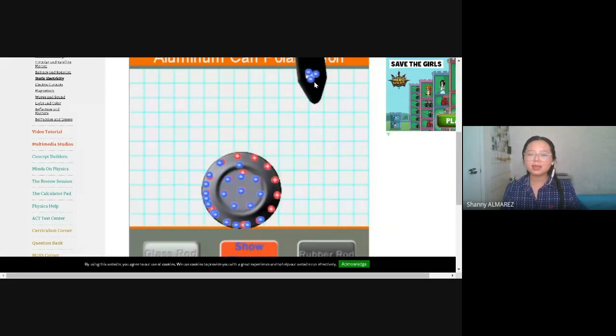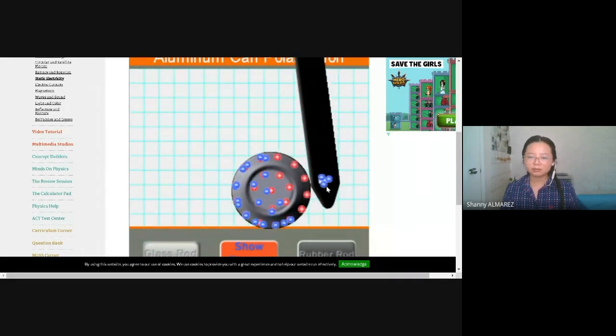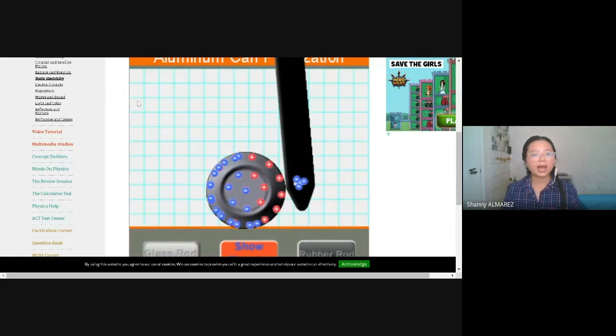So, pag nilapit natin siya sa object, so what happens to the electrons of the aluminum can? Okay, nare-repel sila. Kasi nga, negative. So, negative yung electron, napapalayo. So, ang nangyayari, yung mga protons ngayon ay naiiwan dun sa kanilang original position.